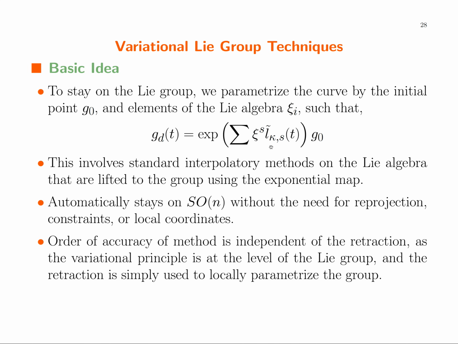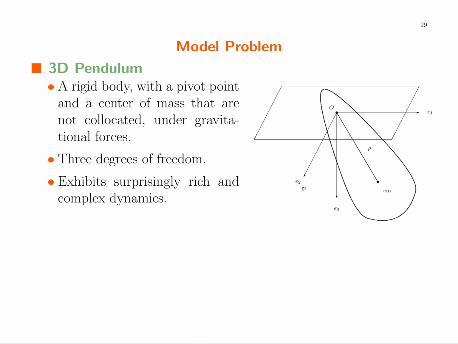When you write down curves in this way, then clearly they automatically stay in the rotation group without the need for reprojection constraints or coordinates. And you can also prove that the order of accuracy of the method you develop turns out to be independent of the choice of retraction, as the variational principle you end up writing down is kept at the level of the Lie group, and the retraction is simply used to locally parameterize the group. So, yeah.